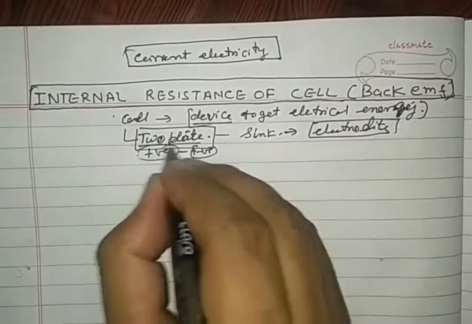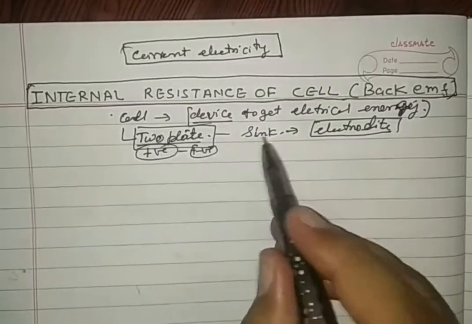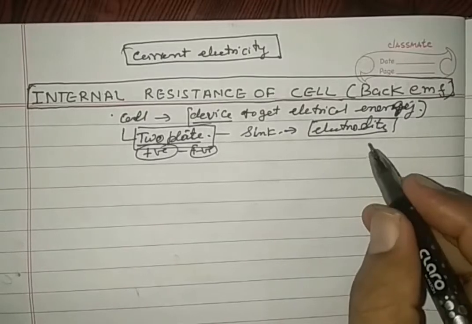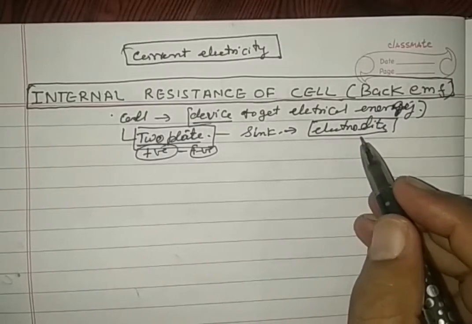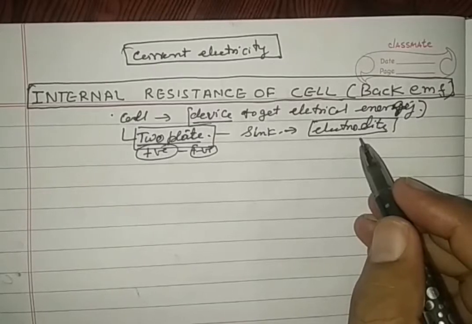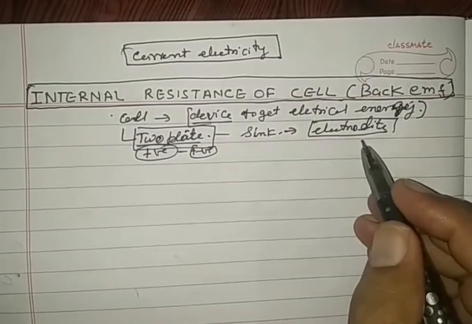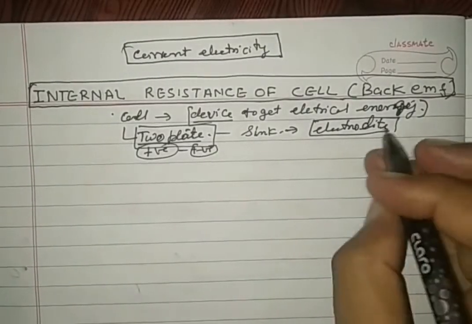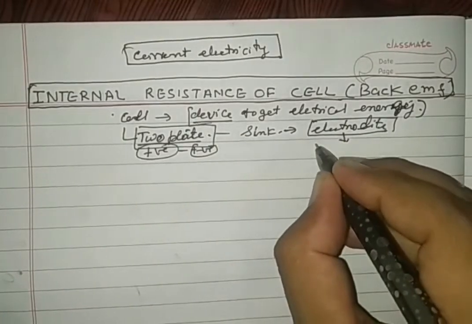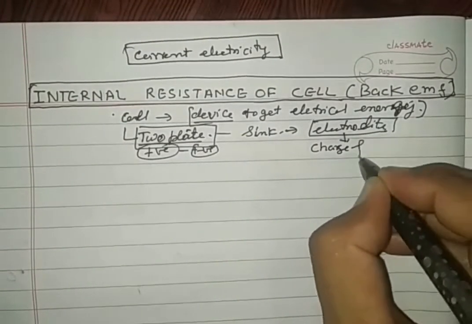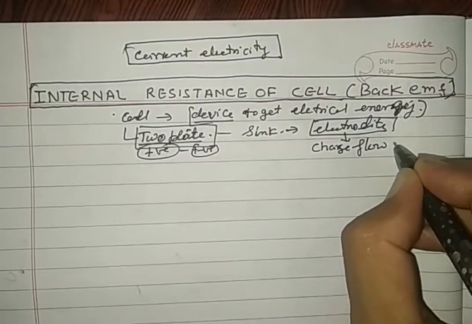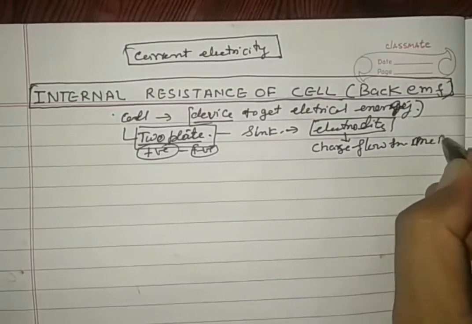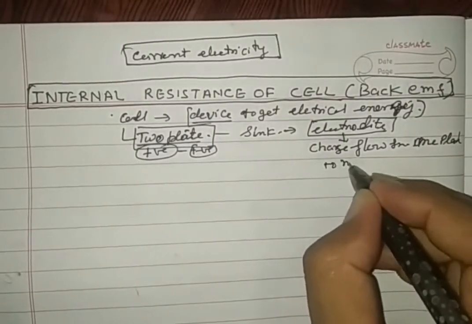Two plates are here in the cell, and both are sunk in a solution or solid. In case of a dry cell, solid, and in case of a liquid cell like Leclanché cell, electrolyte, right? In which the charge flows. In electrolyte, charge flows from one plate to another plate.